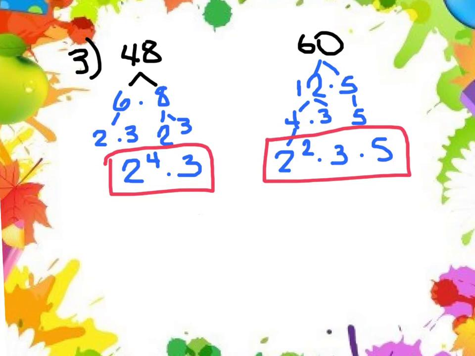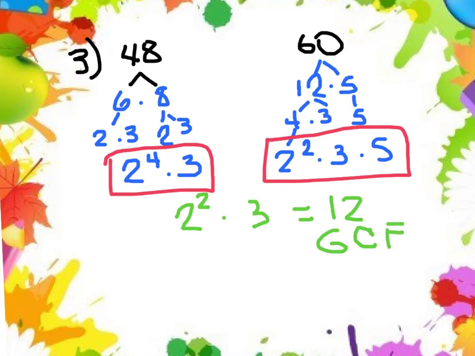The greatest common factor of these two, the common factors, it's the 2 and it's the 3. If I was to choose the factor, I will do it for the one who has the smallest exponent, so this is 2 to the 2nd. 2 to the 2nd times 3, that is 12. 12 is my greatest common factor.